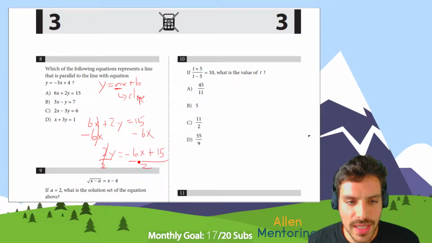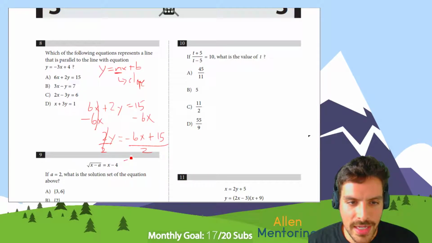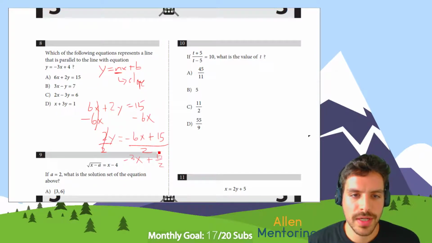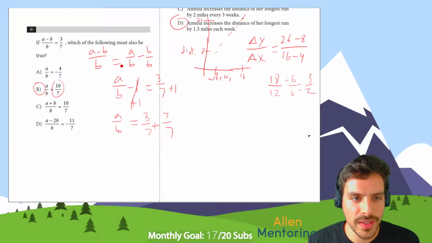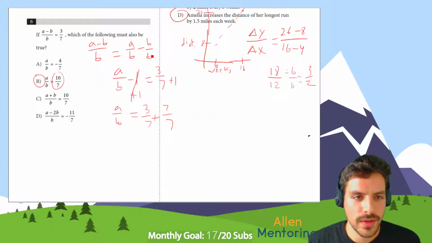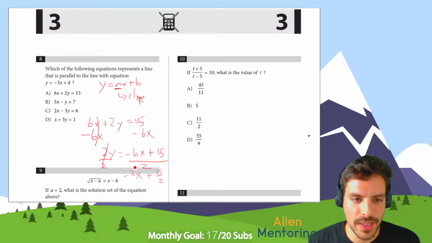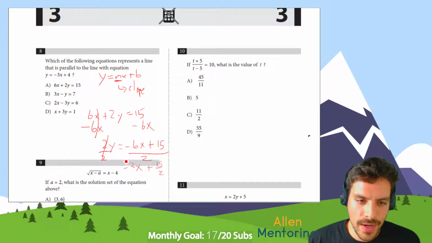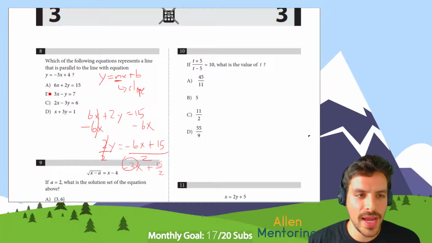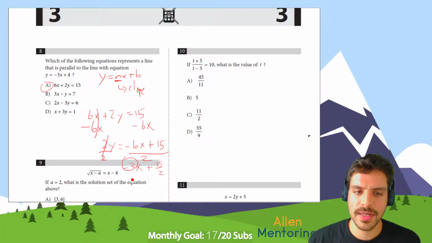And if I do this, I see that I get here -3x plus 15 over 2. Okay, so similar to how I broke these up like this, okay, I do the same here. I broke this up individually, -6x divided by 2 and 15 divided by 2. And now I clearly see that the slope of A is actually equal to -3.